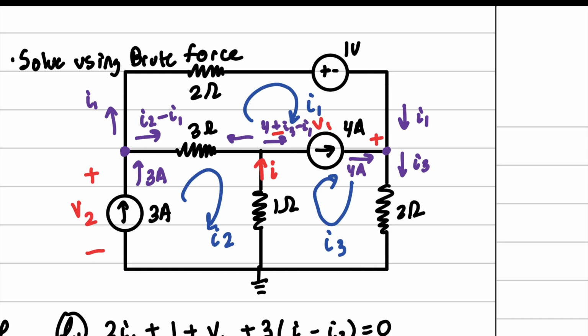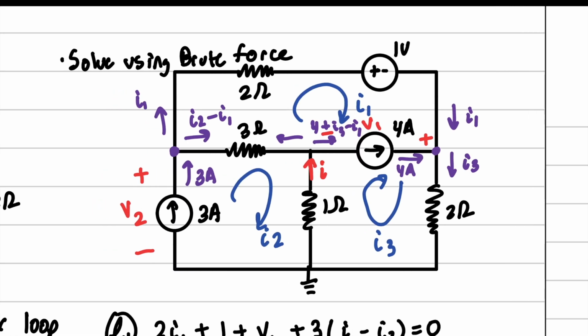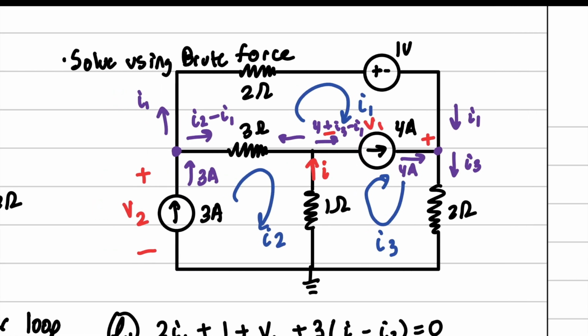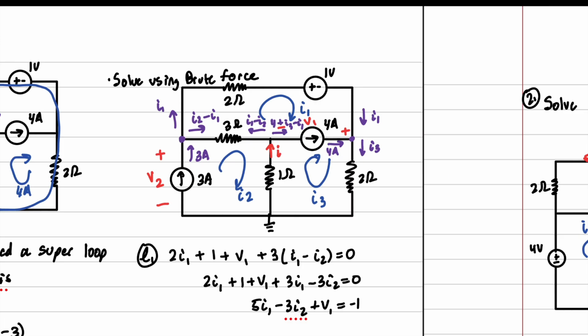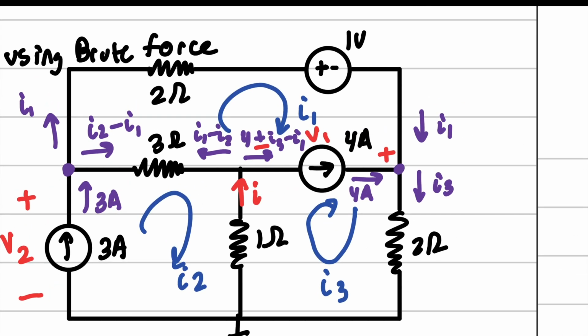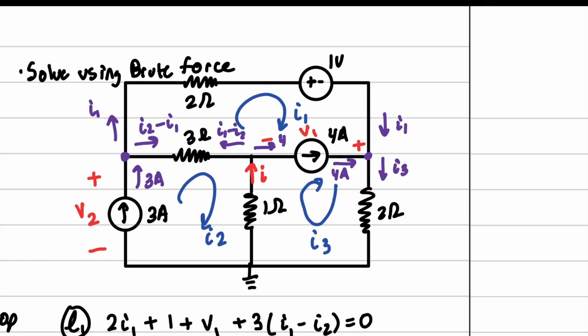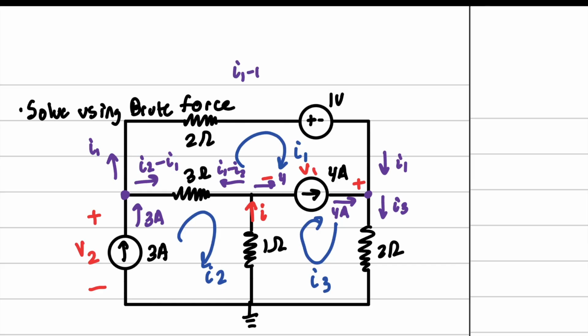Then on the other side, we've got I1 going out, and we've got I2 going in. Wait, sorry. We've only got 4 amps going out this way. And so now we get I1 minus I2 plus 4 minus I equals 0.